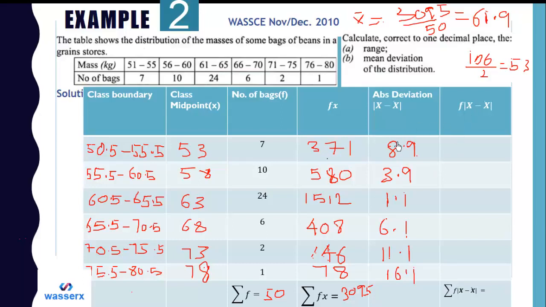Now we multiply this by f. So 7 times 8.9 will give us 62.3, and we do this for all of them. We find the summation of all these now, and that will give us 202.6.